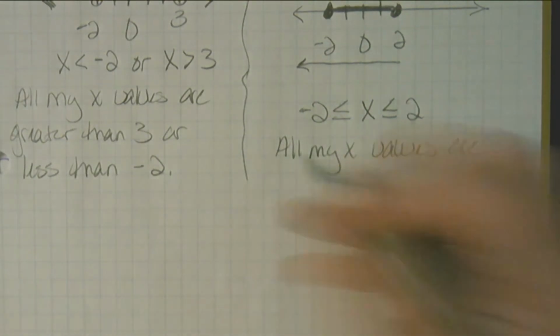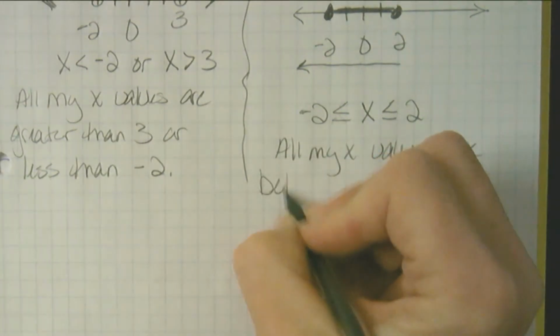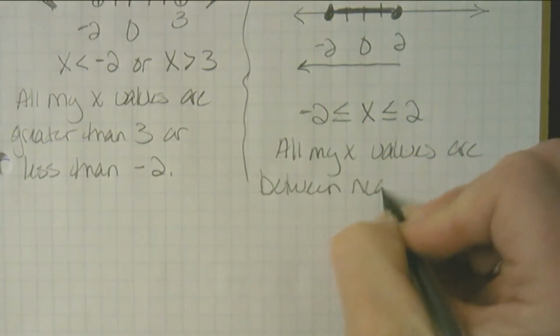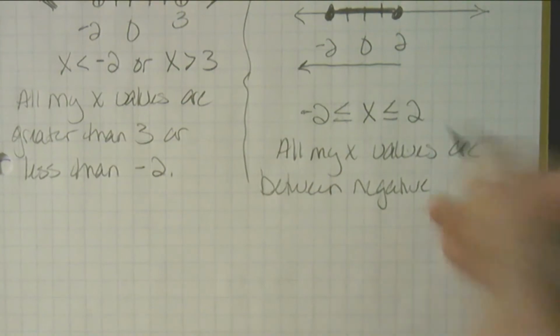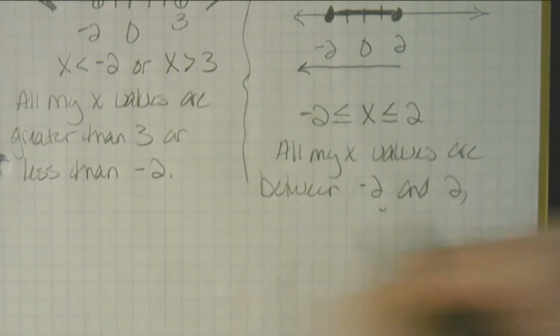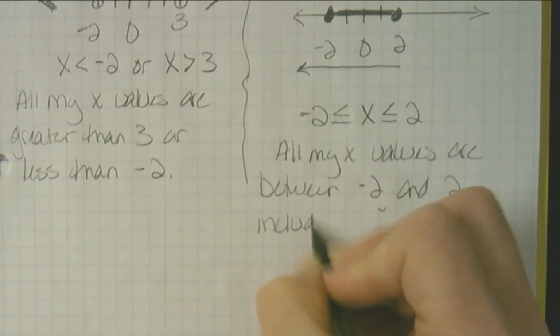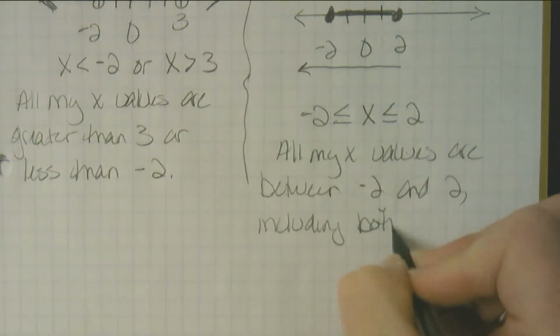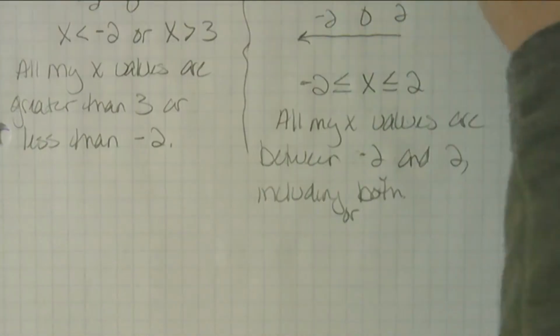Yeah, I would say something like, all my x values are between -2 and 2, including both of them. Peter, I am going to write what you wrote because I think that's okay too.